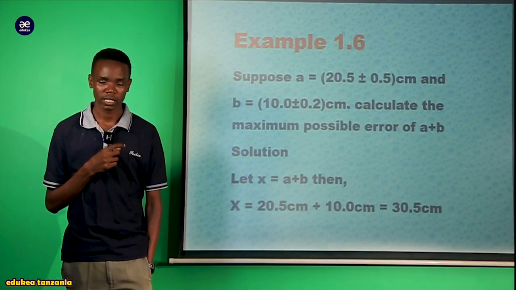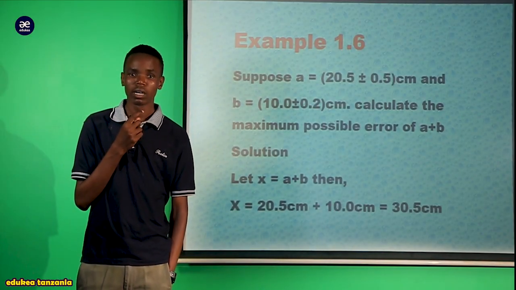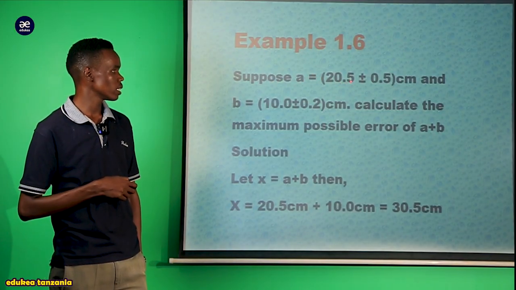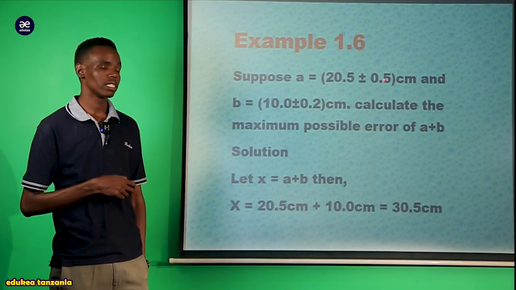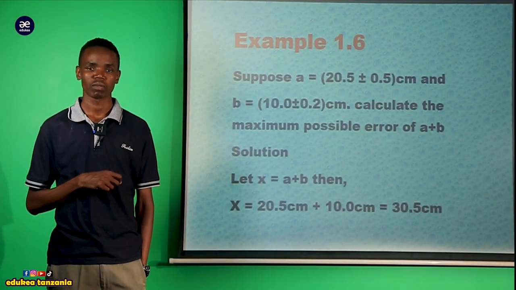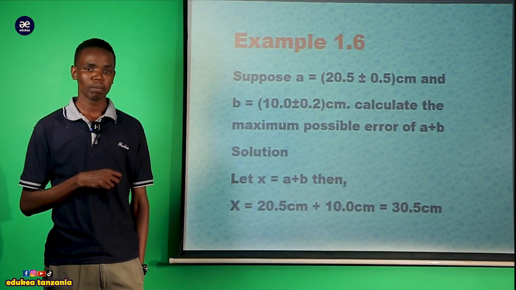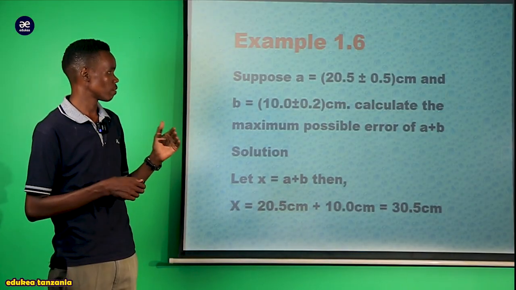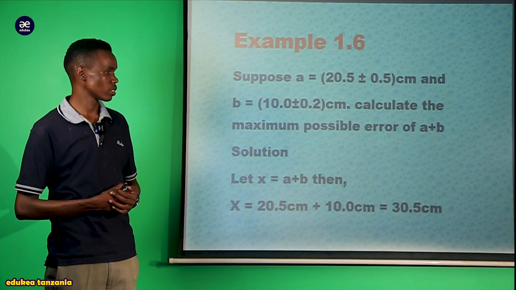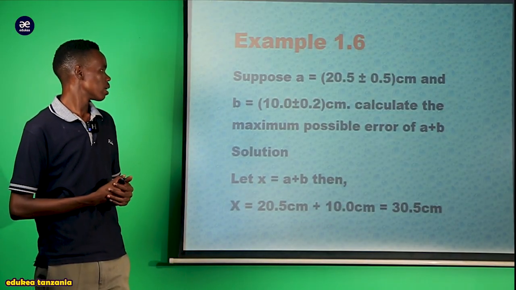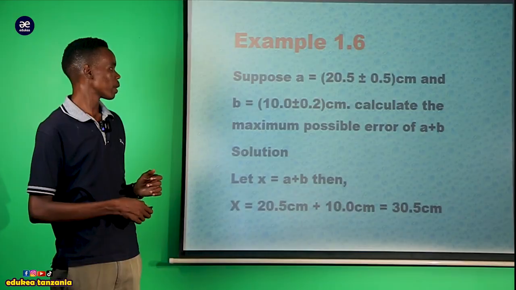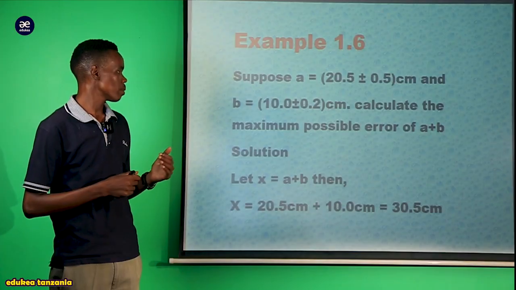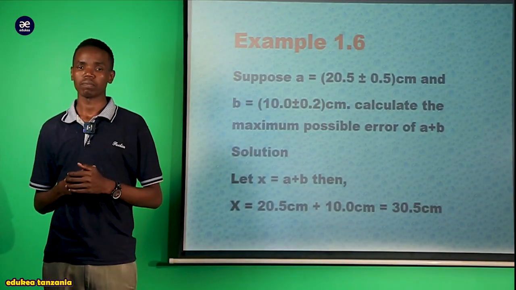Our example says that suppose A equals 20.5 plus or minus 0.5 centimeter, and B equals 10.0 plus or minus 0.2 centimeter. Calculate the maximum possible error of A plus B.